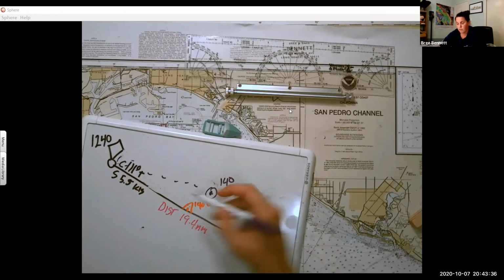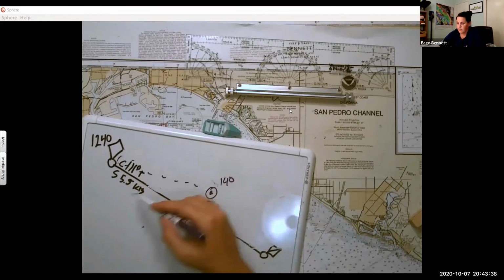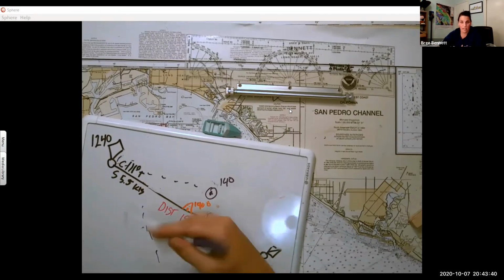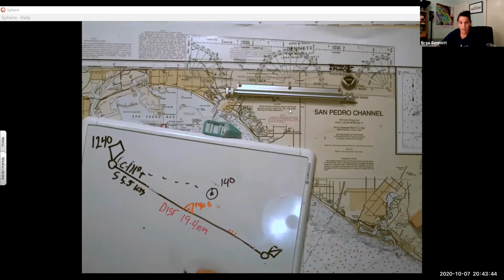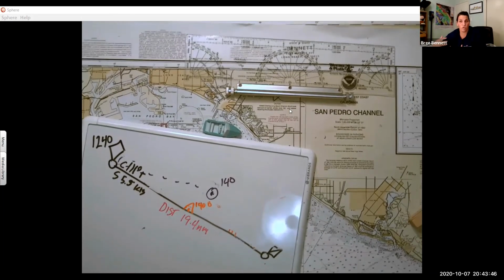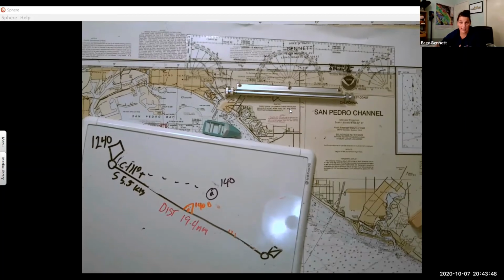We would rather drift away from our coastline or away from dangers than toward the dangers, if it's that uncontrolled drift or unanticipated set that we are getting.